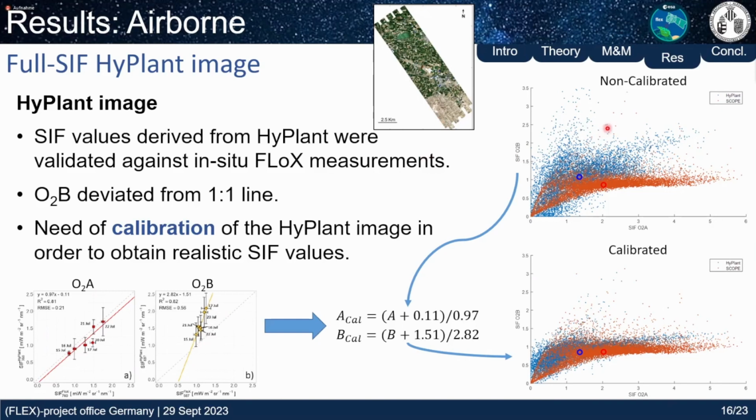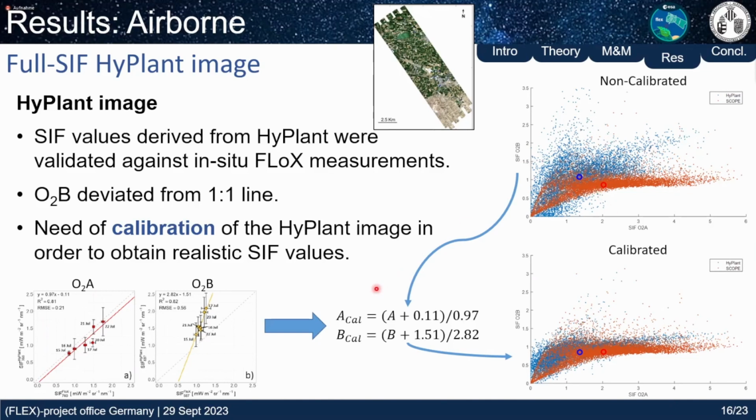We can see that in these graphs, where we represent 10,000 SCOPE spectra. We only take the SIF in the A and B bands, and also 10,000 spectra from HyPlant with the A and B values. We can see that when we don't calibrate, the dispersion of the points does not match the SCOPE dispersion.